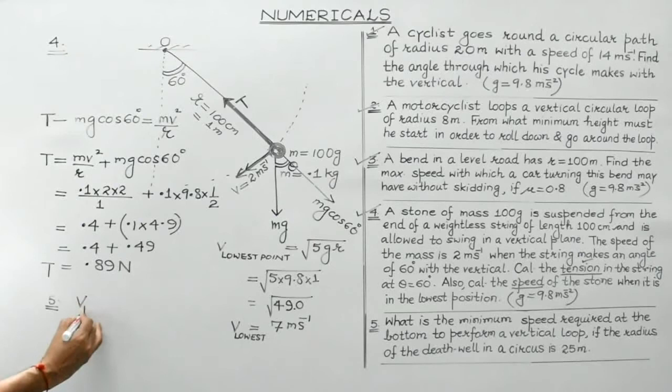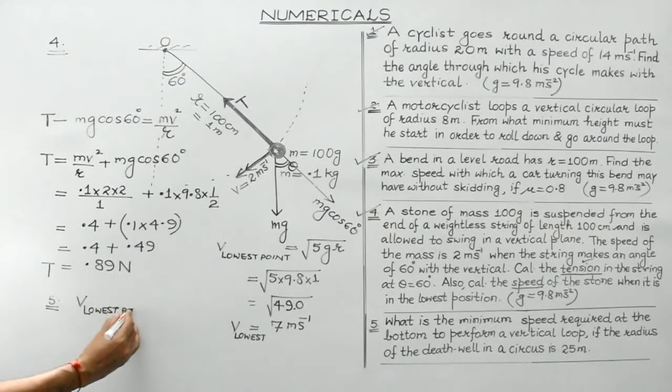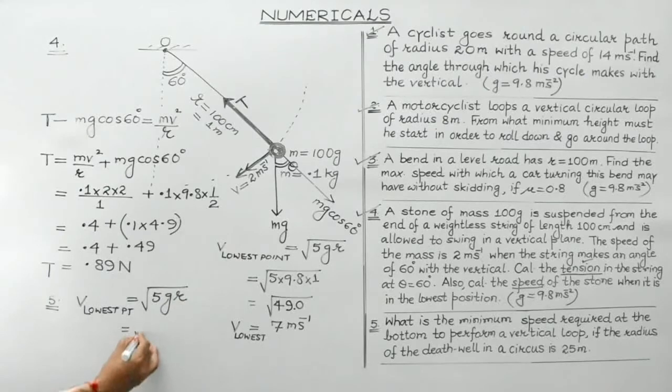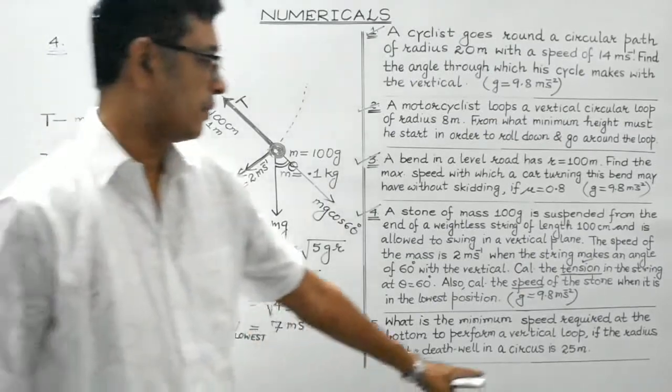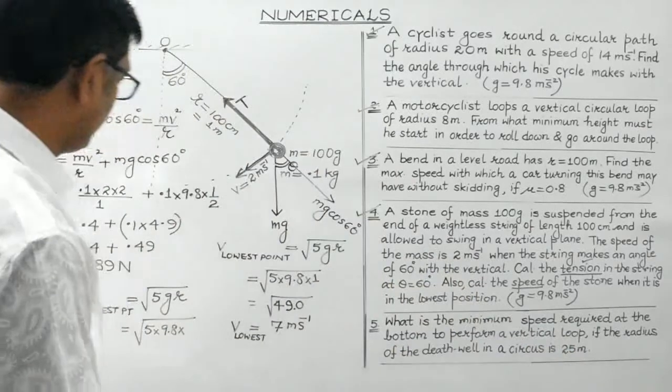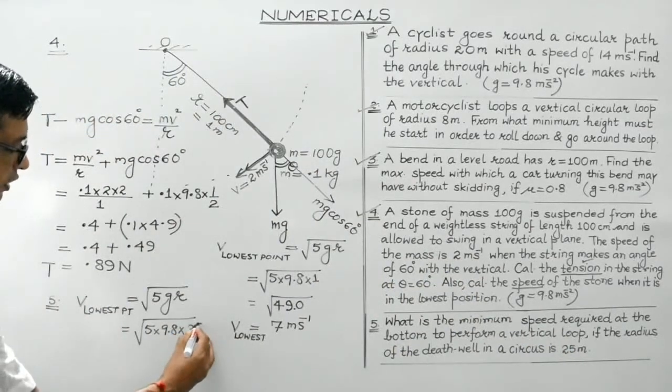So velocity at the lowest point is equal to square root of 5 gr. So simply substitute the value. G is 9.8 and the radius of the death well is given to be 25 meters. So let's try to solve it.